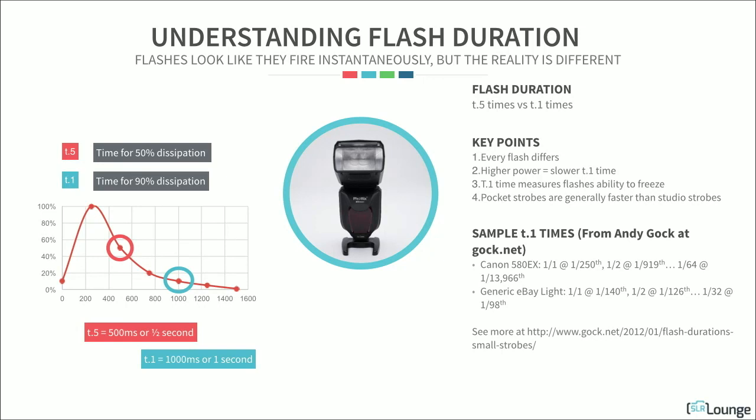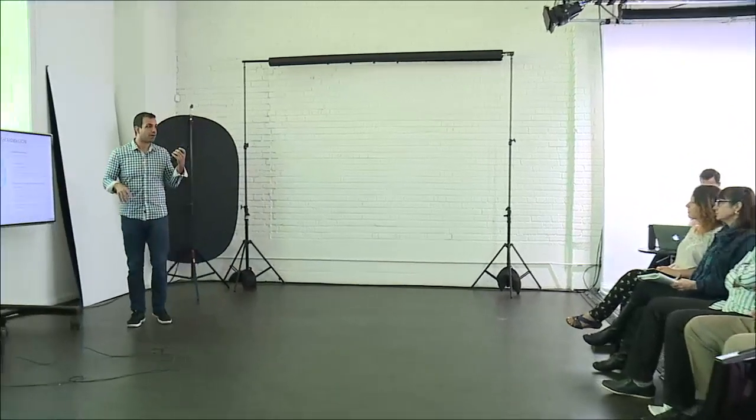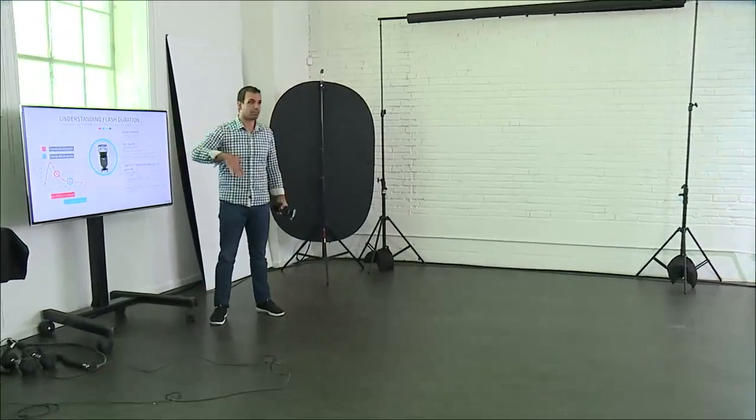If you're shooting at full power and it takes, let's say, 1/250th of a second for your flash to hit that T5 time and your subject is moving, are they going to be frozen? No, right? It works the same way constant light would work. The 50% of a full power flash is still a lot of light that it's putting off.